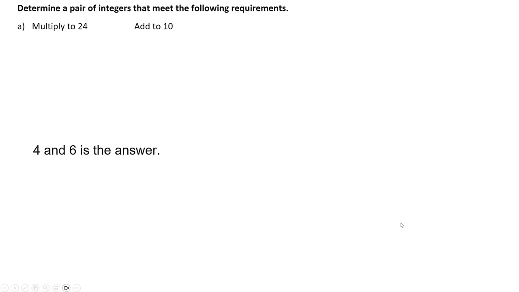Determine a pair of integers that meet the following requirements. So we want two numbers that are going to multiply together to be 24, but those same two numbers need to add together to be 10. So to do this, we'll start by writing all the factors of 24.